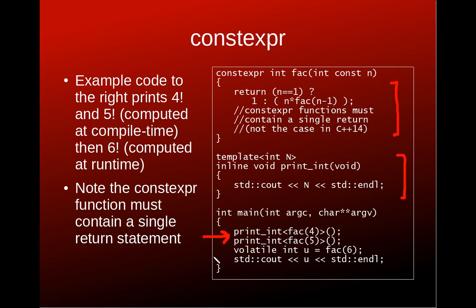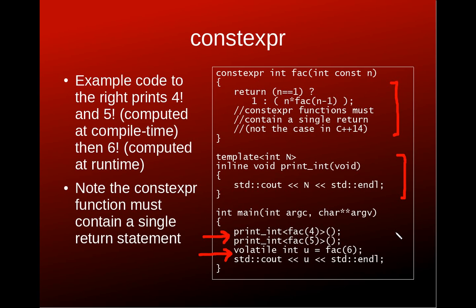On the other hand, down here is a situation where fac will be computed at runtime. We are creating this variable, int u, and marking it volatile so as to disable optimizations. Since optimizations are disabled, the compiler will have to evaluate this at runtime.